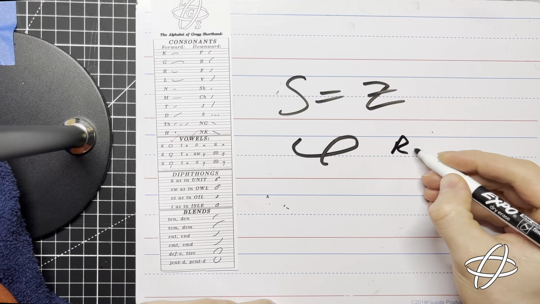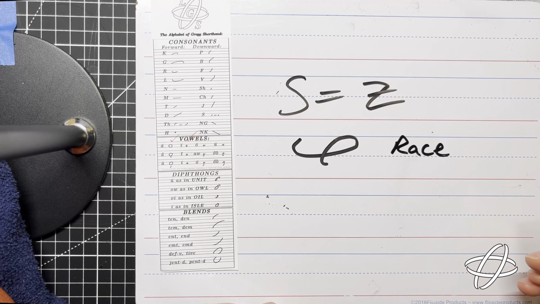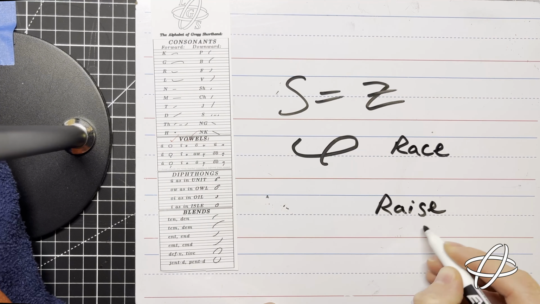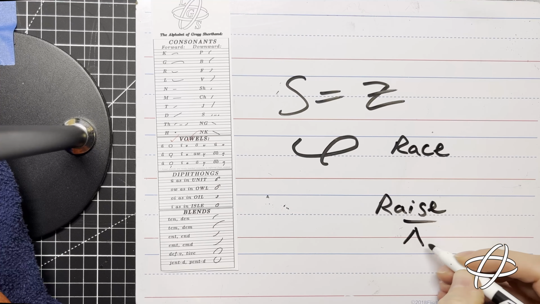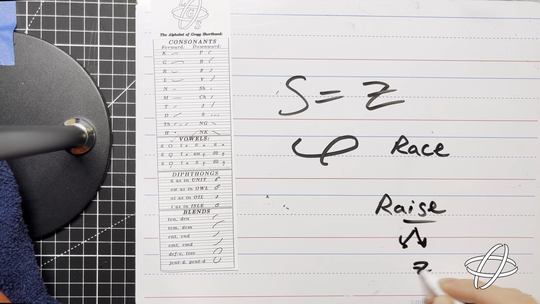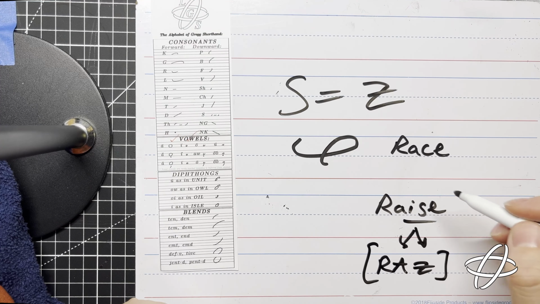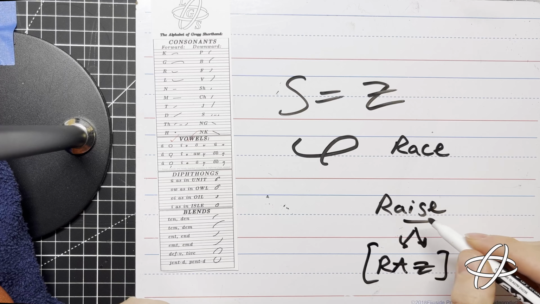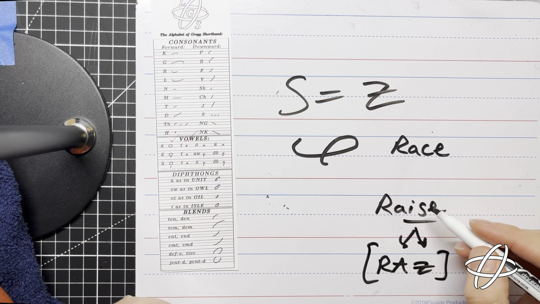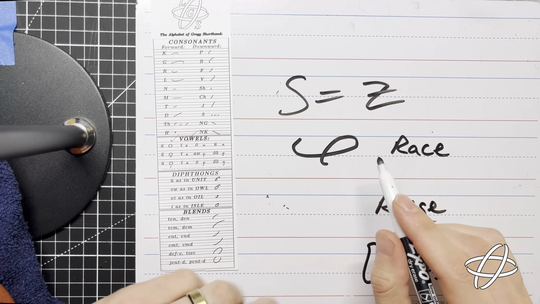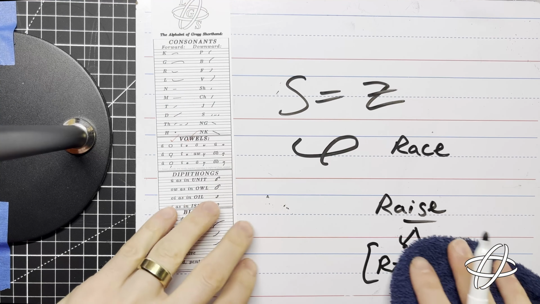So we have the word race, but we also have the word raise, as in you raise me up. But you'll notice that this is more of a Z sound. So if you spell it phonetically, it's more like this. And so in most cases, the Z can be just substituted out for the S sound. And once again, the context of the sentence can help infer a lot of that meaning.